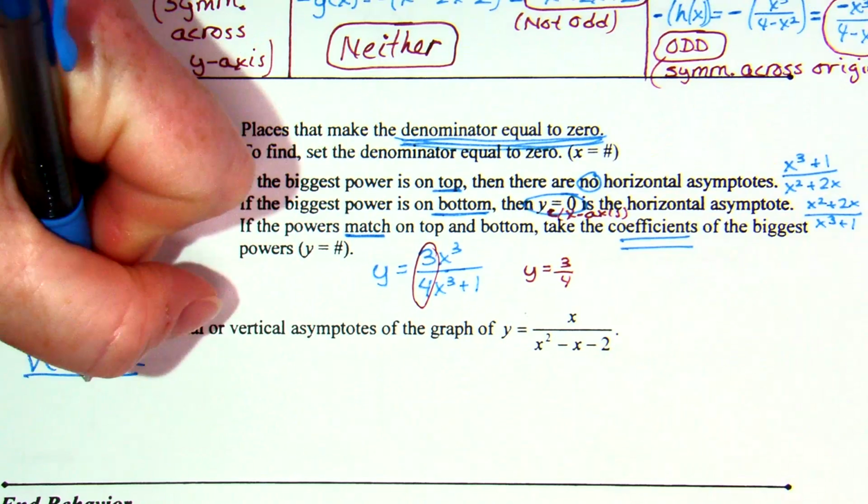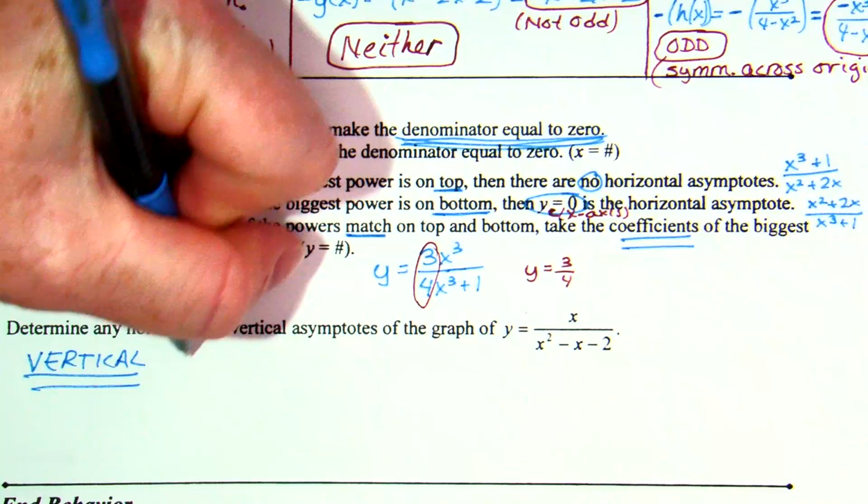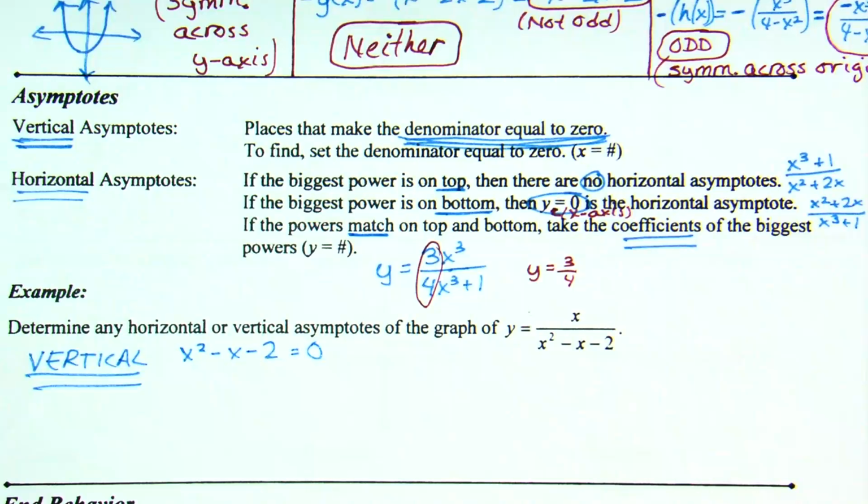How do we find vertical asymptotes? Okay, set the denominator equals 0. My current denominator is x squared minus x minus 2. That's technically what I'm setting equal to 0. What do you need to do with that denominator, though? Factor, okay? Look for factors because, if it will factor, that will tell you your asymptotes real easily.